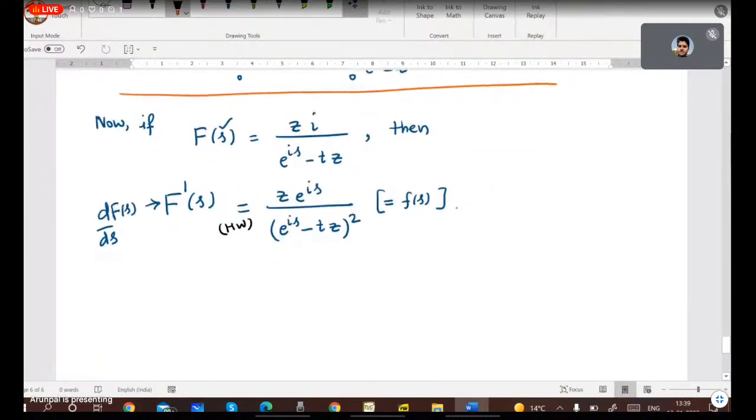It means that I have shown you that capital F of s is the primitive of small f of s. Is this okay, class?